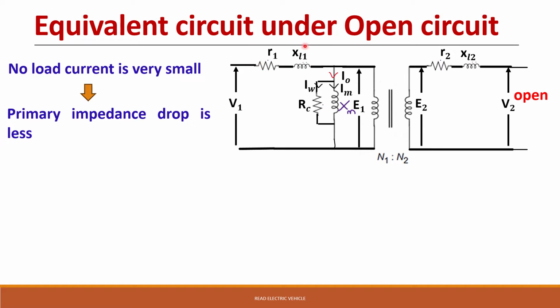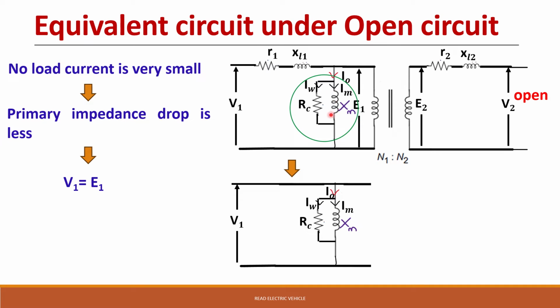If you neglect this voltage drop, then V1 will be equal to E1. So we are concerned only about these two parameters, that is, the core loss components under open circuit condition. So the equivalent circuit can be reduced like this. So RC and the magnetizing reactance XM will be the focus under open circuit condition.